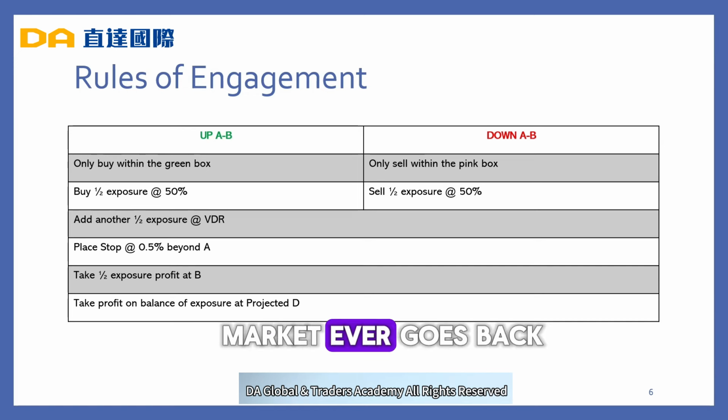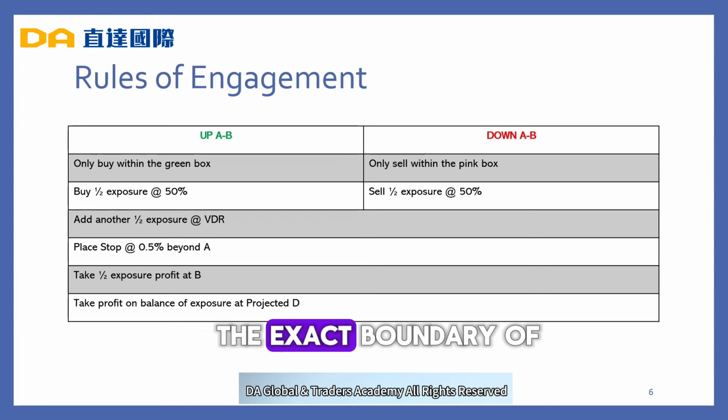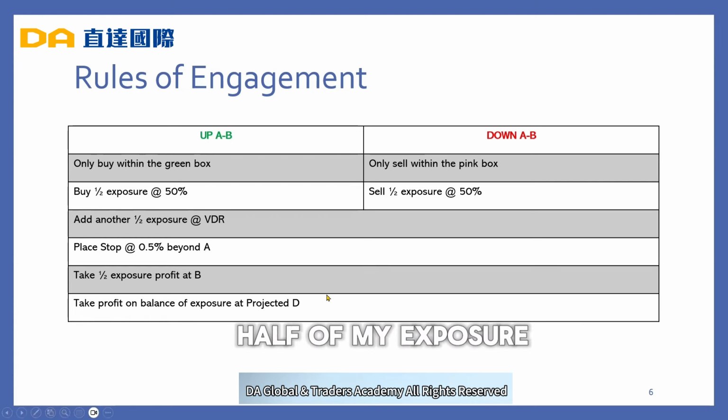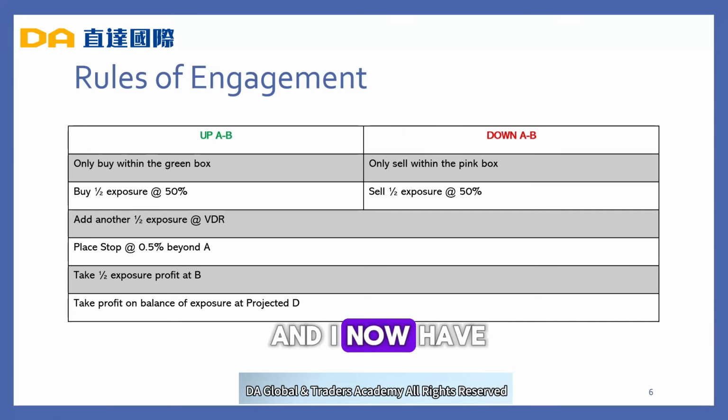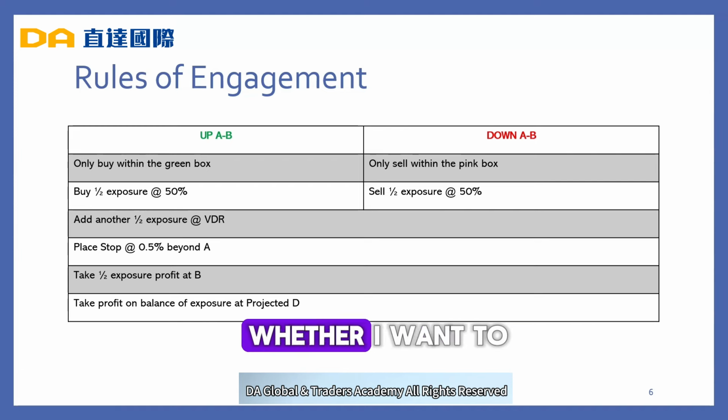So if the market ever goes back to test B, the exact boundary of the AB, I want to take half of my exposure at B, meaning I have taken some profit and I now have more flexibility in whether I want to move my second half of my exposure, which I bought at the VDR, to the break-even point, or whether I want to shift my stop eventually or leave my stop where it is.